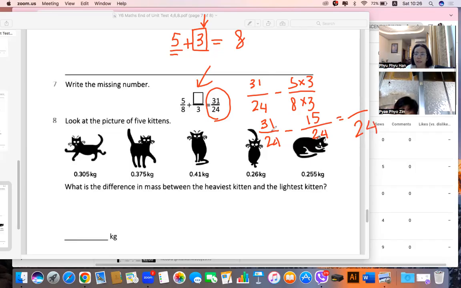Now 24, right? The top, what do you get? Wait. Oh, this is not 31. 31 minus 16.